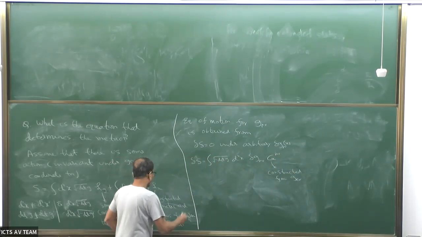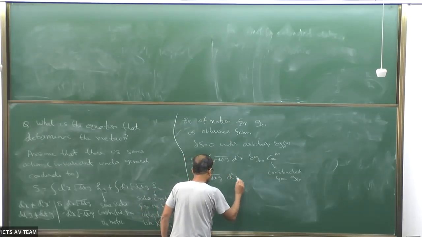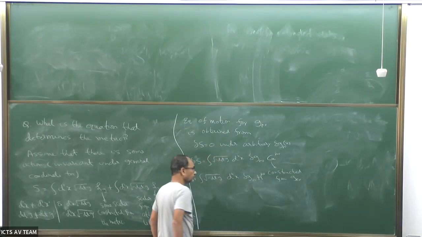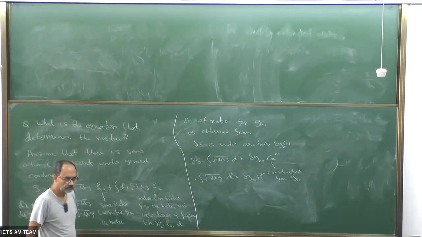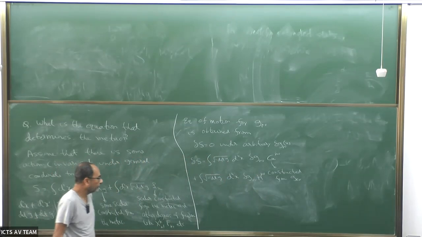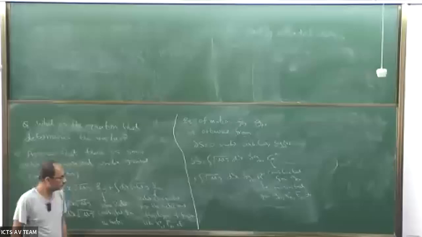And then this term will have integral d4x square root of minus determinant g delta g_mu nu times the matter part. Is this clear?